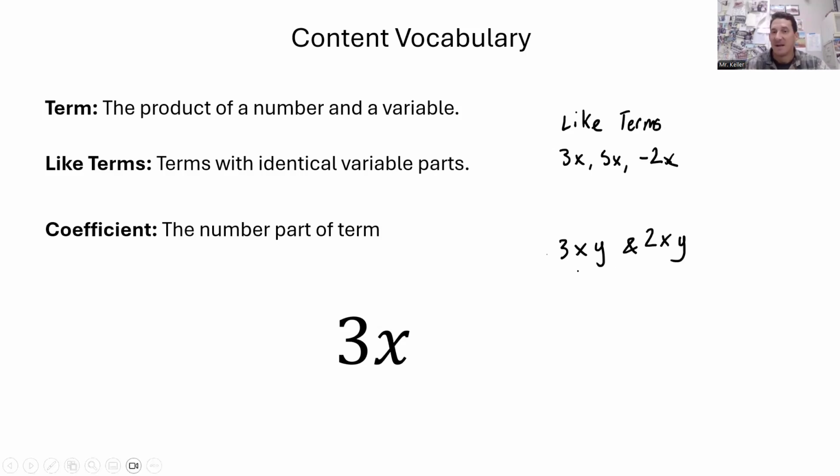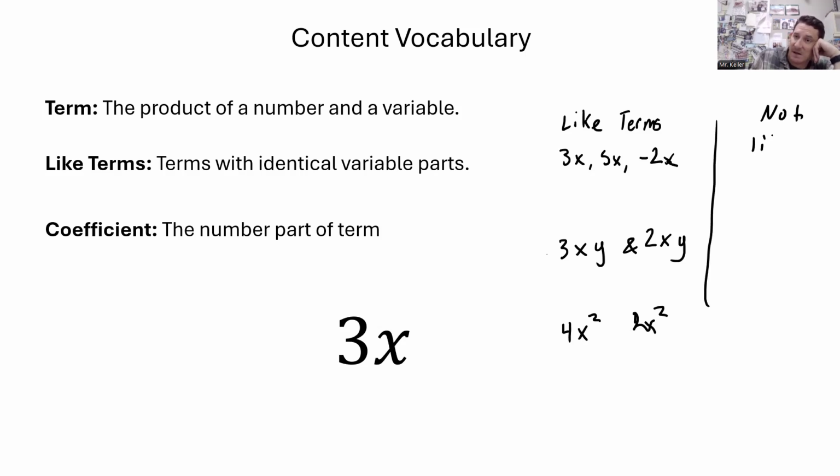The variable part is the same, xy, xy. They can have more than one variable as long as they're the same. They can even have exponents, so like 4x squared and 2x squared would be like terms because it's x squared.